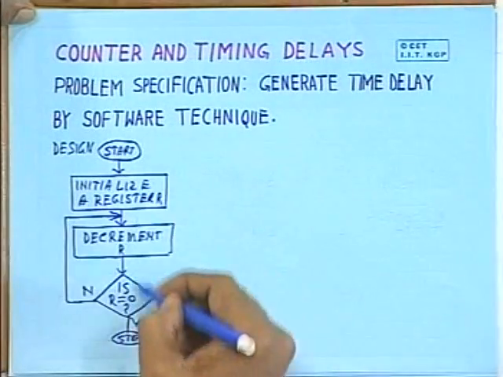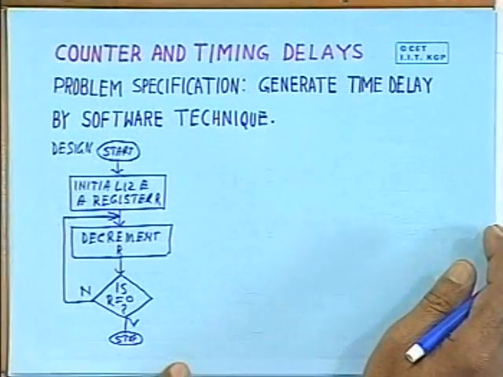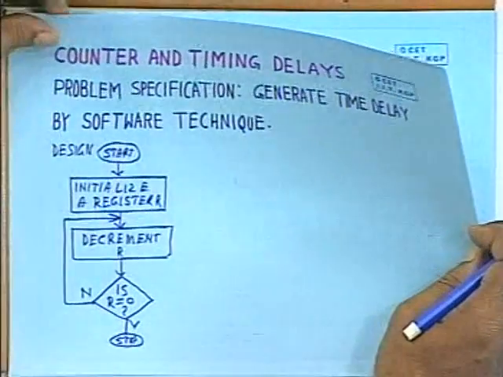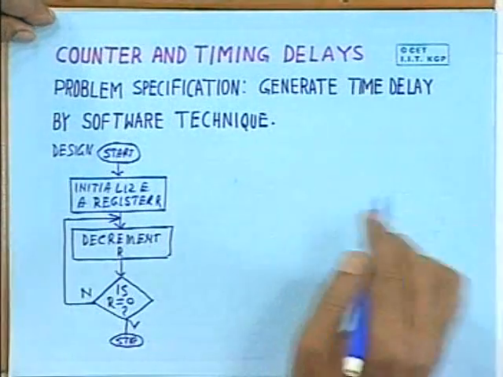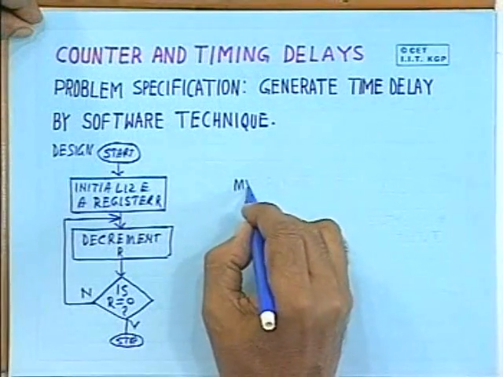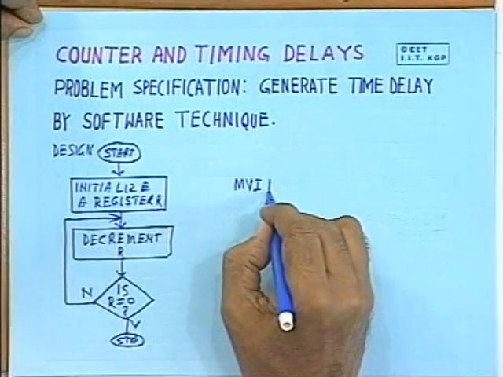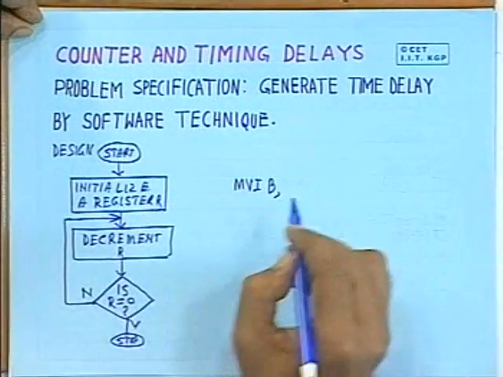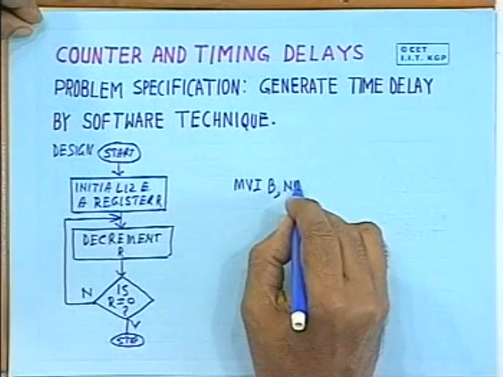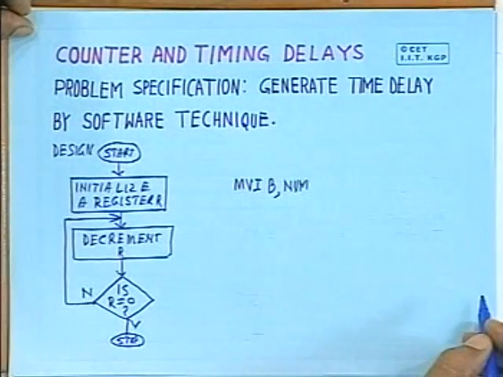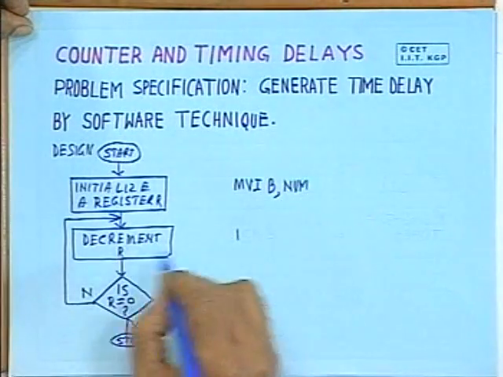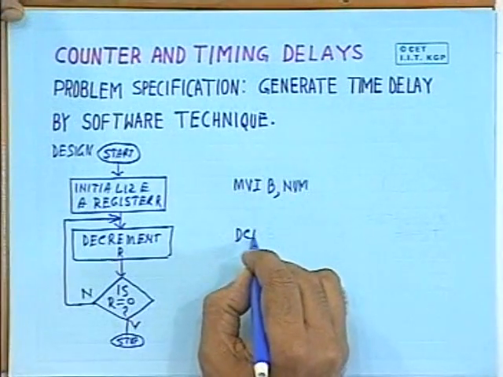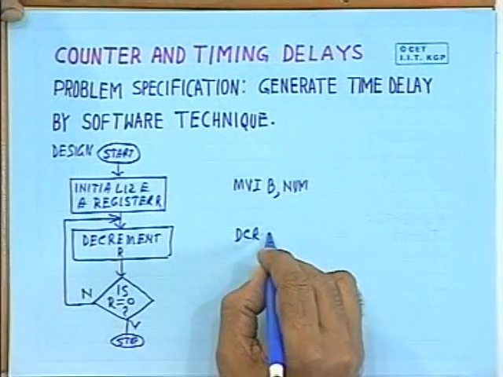With the help of this you can generate some delay, and the corresponding code is MVI B, num, where B is used as that register R and you initialize it with a value, say num. Then you do the decrementing with the help of the instruction DCR.